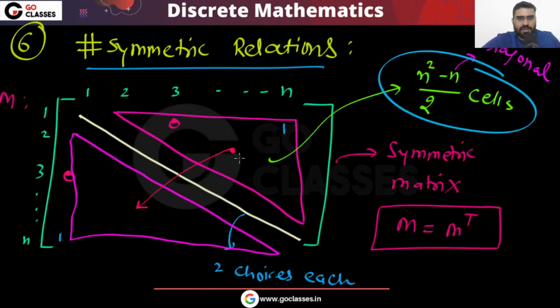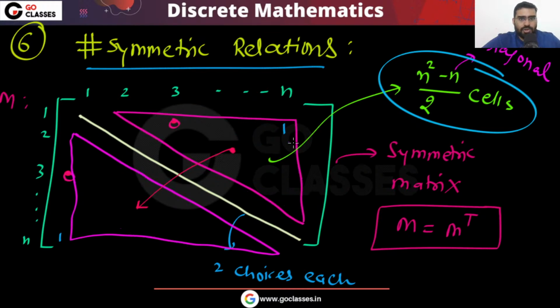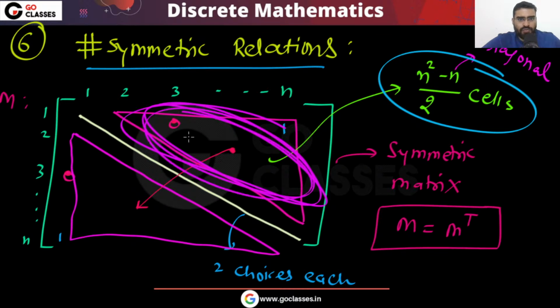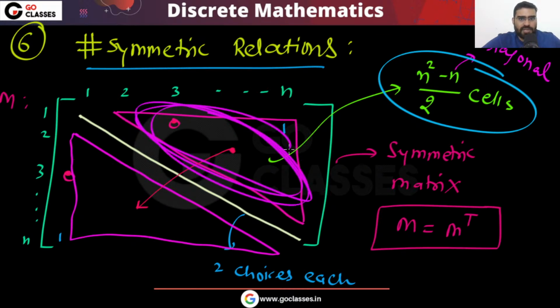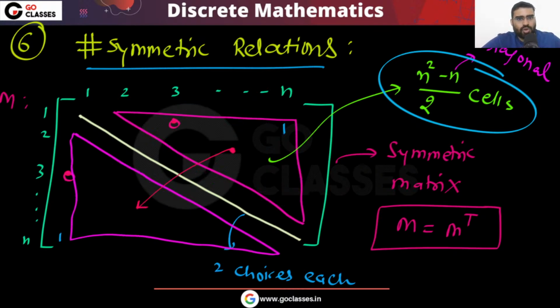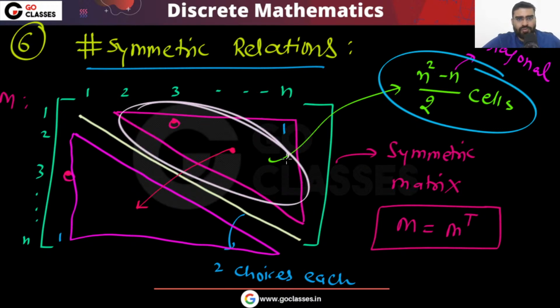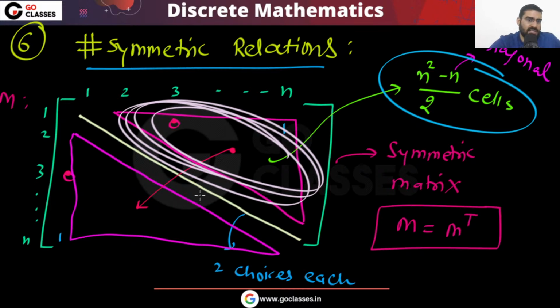Remember one thing: whatever you put here will automatically be replicated here. This is the mirror. So once you fill these entries, it will automatically fill, and you don't have any choice here.